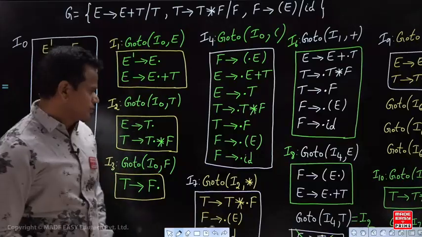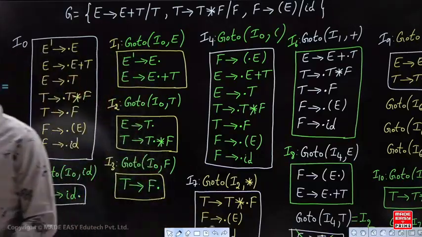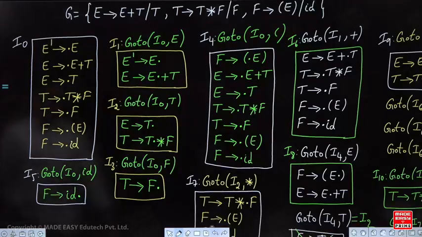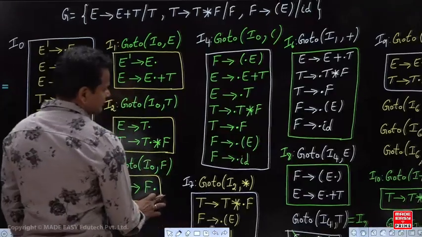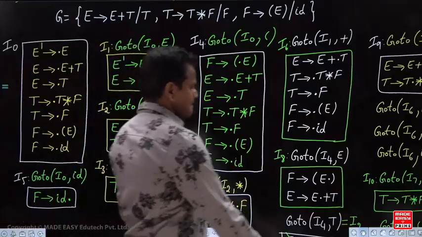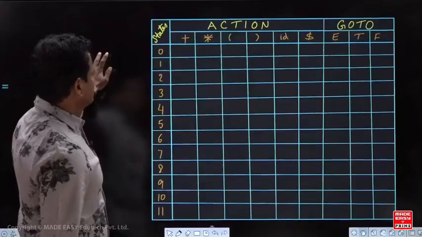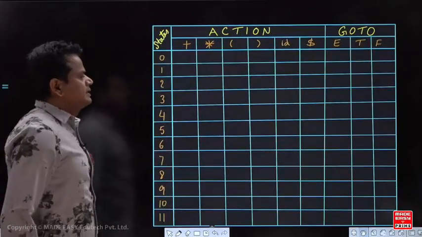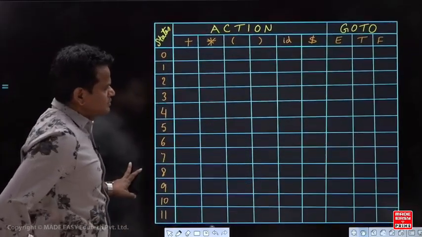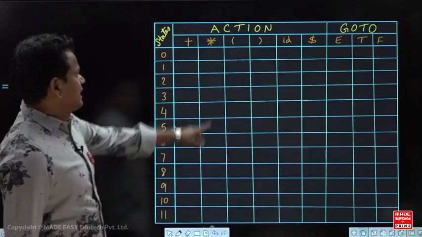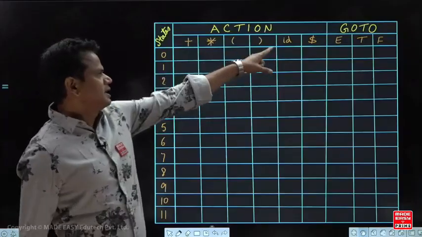Okay? Now, how to fill the table? So, mainly the table is divided into two parts. Don't copy, just listen. Mainly the table is divided into two parts: action and go to.